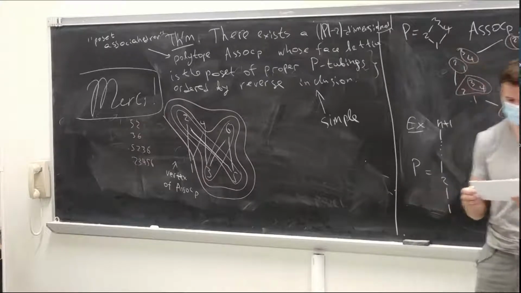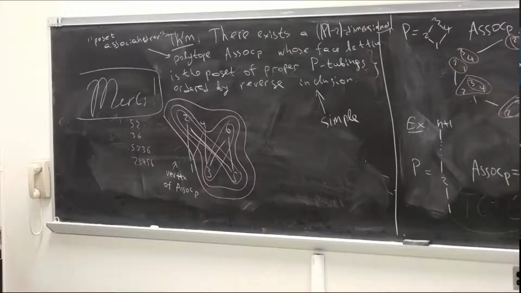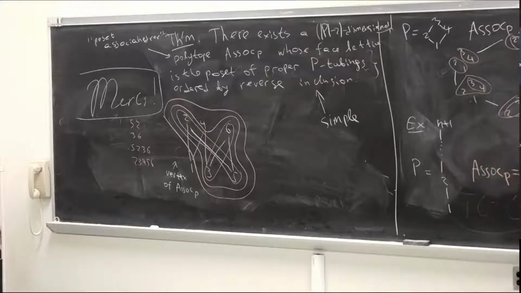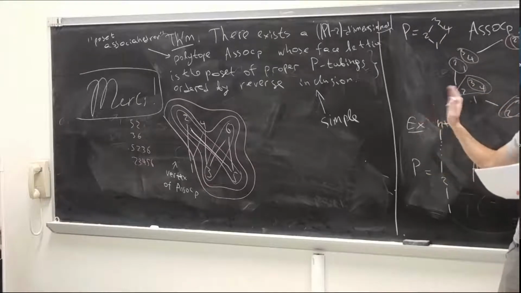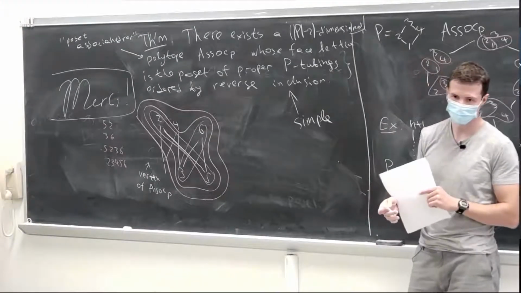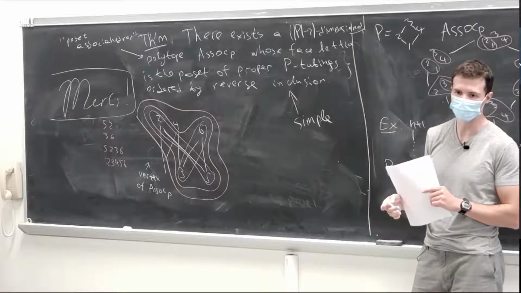And one other open problem: for graph associahedra, we had an explicit realization as a Minkowski sum of simplices. I don't have any such thing here. I know these are polytopes, but I don't know how to realize them with integer coordinates.